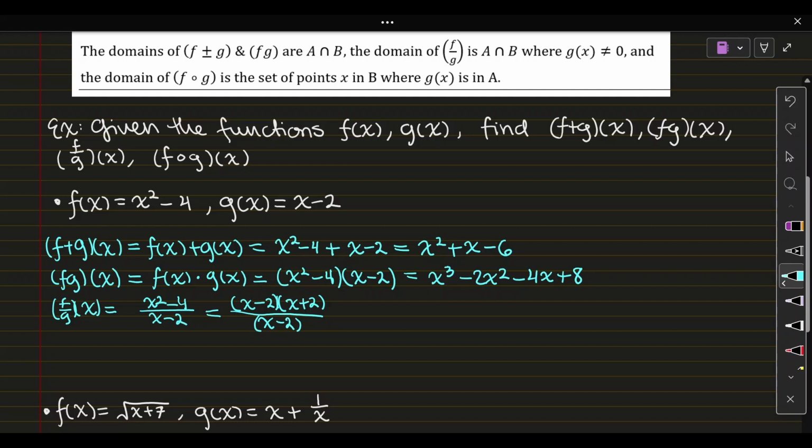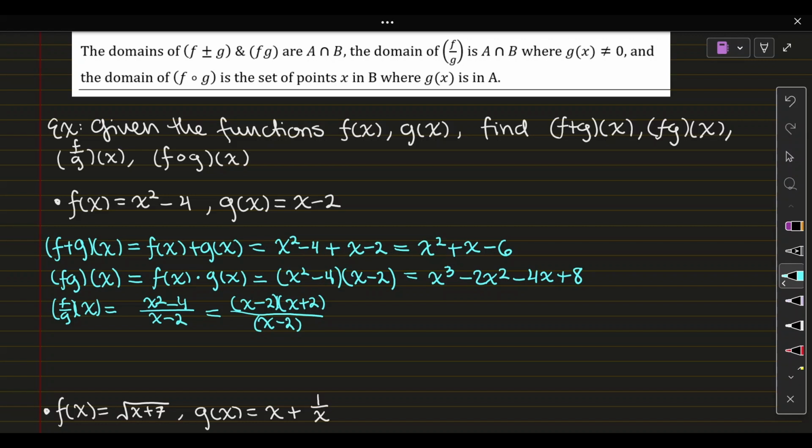We shouldn't quite cancel that, because it wouldn't be exactly the same. We'll talk more about it when we get to rational functions. But if we cancel out that shared factor of x minus 2, we're ignoring a hole in the function f over g. So we leave it as x squared minus 4 over x minus 2, okay? That has more information than just x plus 2.